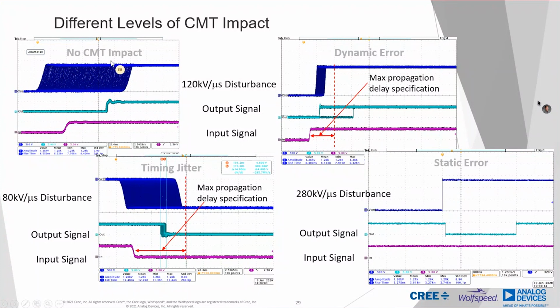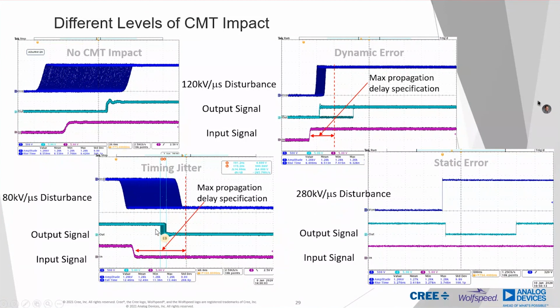So you can have a common mode transient applied, and it doesn't matter when it's applied, there's no impact on the part. In these two cases here, the part doesn't meet the common mode transient level, but in this case, it does.